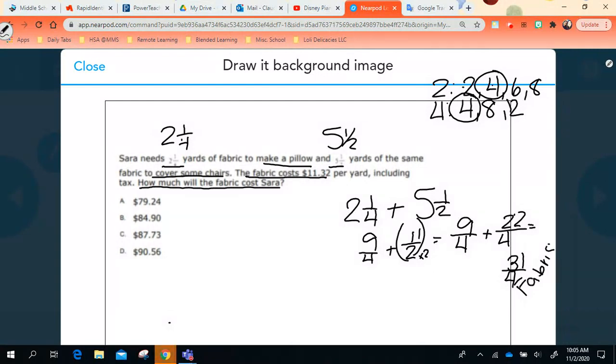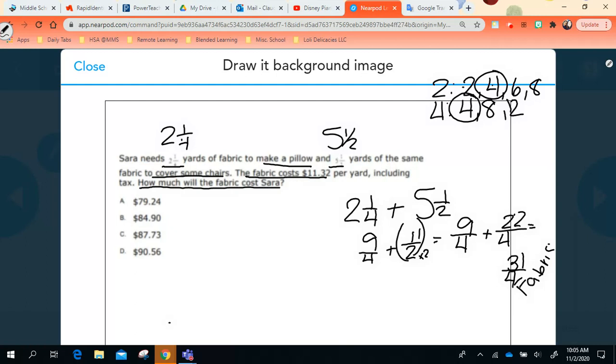Ahora, ¿cómo averiguo cuánto va a costar toda esa tela? William, ¿cómo voy a averiguar cuánto va a costar toda esa tela? ¿Qué tengo que hacer?